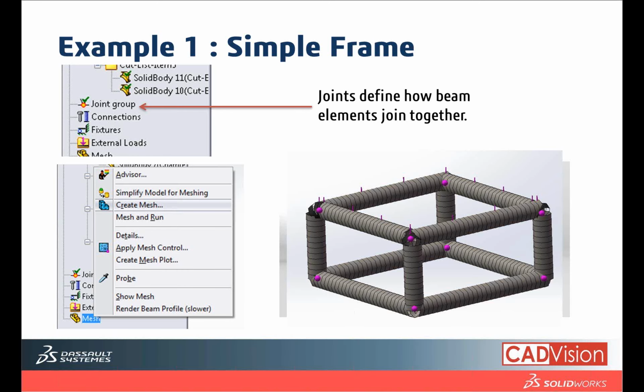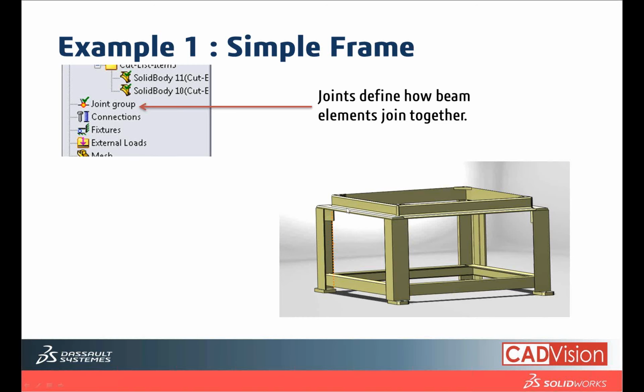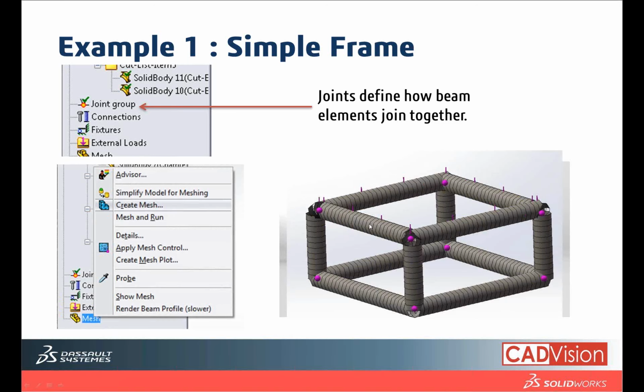When you create the mesh, it will show beam elements for each of these, with small cylindrical elements, which are the beam elements for the whole weldment frame instead of the actual beam. As you can see here, all those points are the joints.